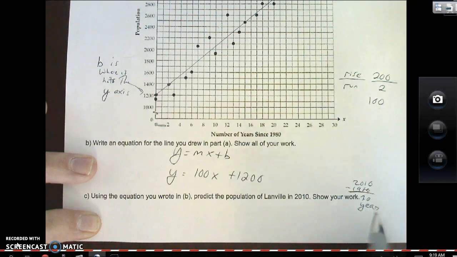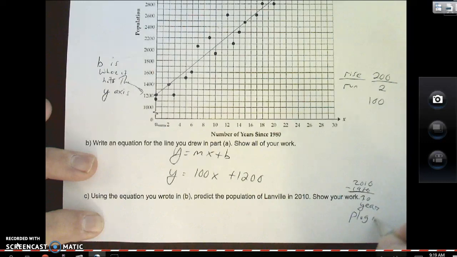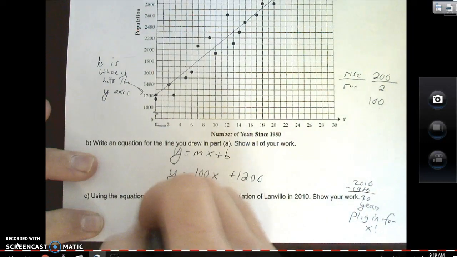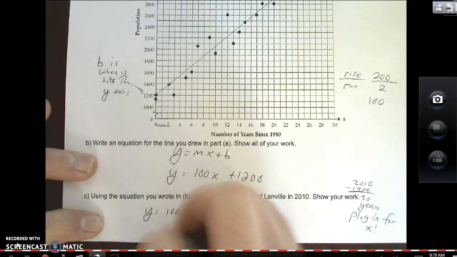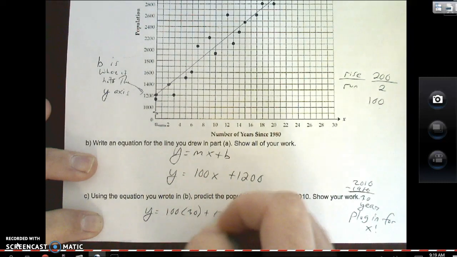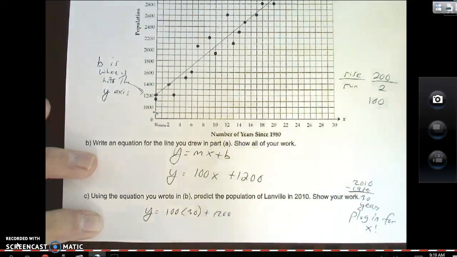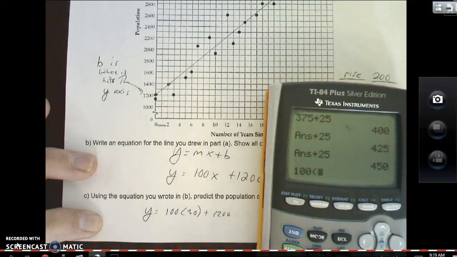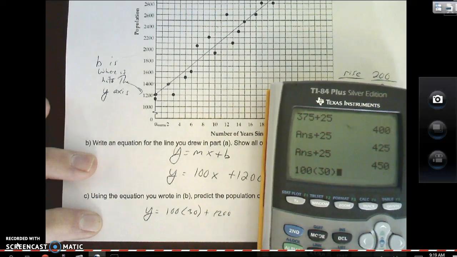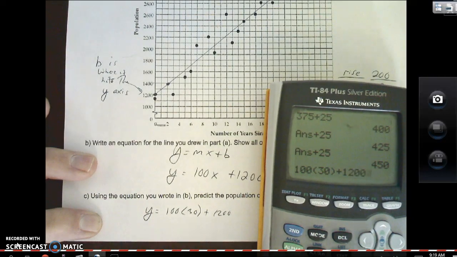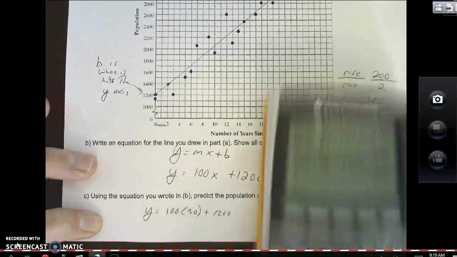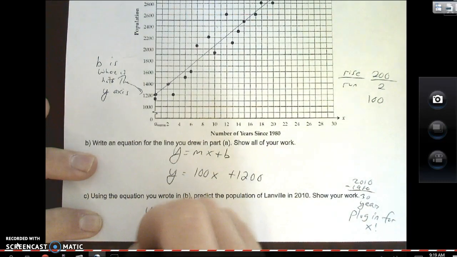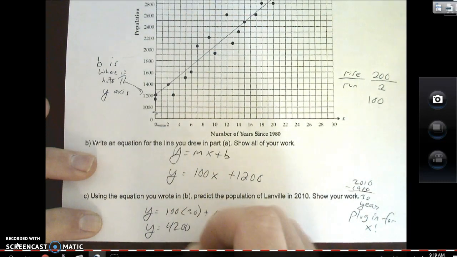So I'm going to plug in 30 for x. So y equals 100 times 30 plus 1200. Okay, a little bit of calculator work. 100 times 30 plus 1200, 4,200 is the population.